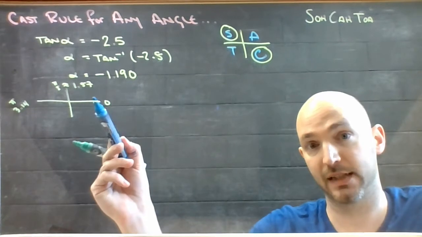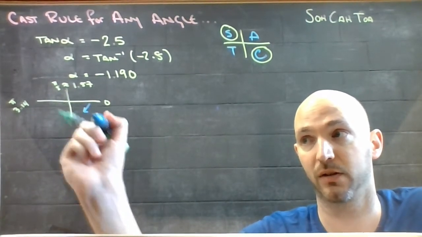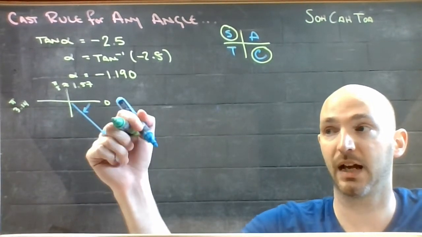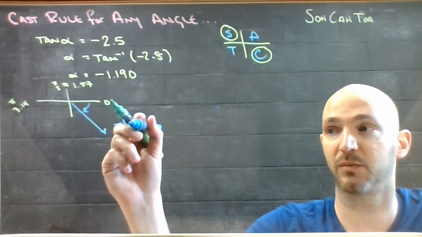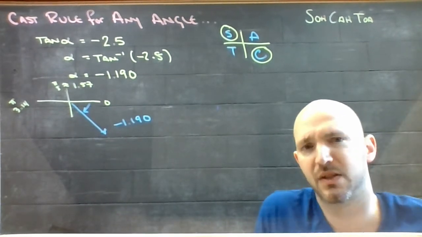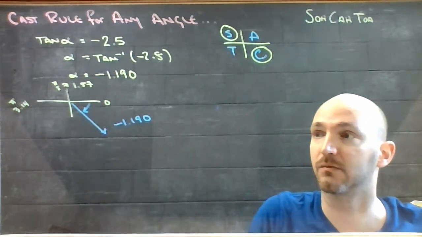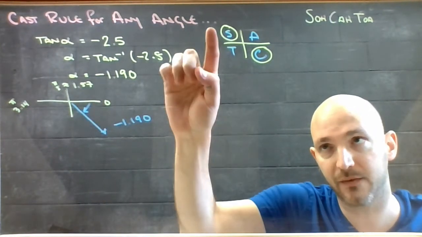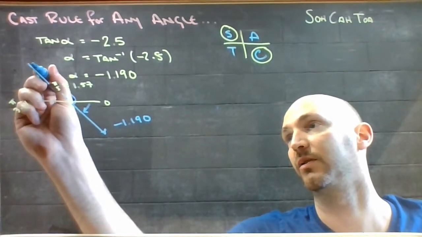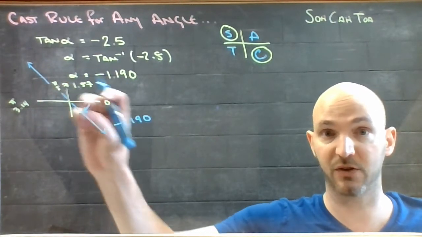Well, if you started at 0, and instead of going this way, you went the wrong direction, down to here, you would have -1.190. So this wedge, then, is 1.190 radians. So if I'm after the solution up there, I'm going to need the one up in this corner. And the wedge, between all family members, the wedge always matches.